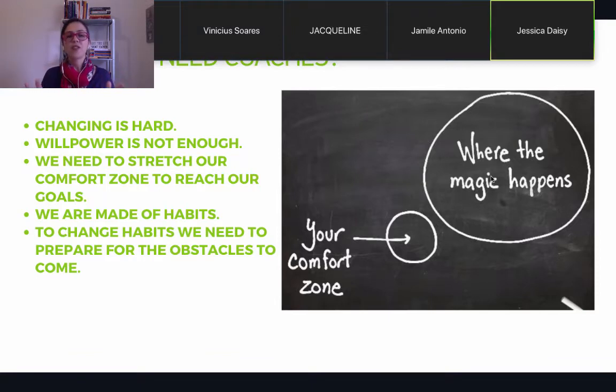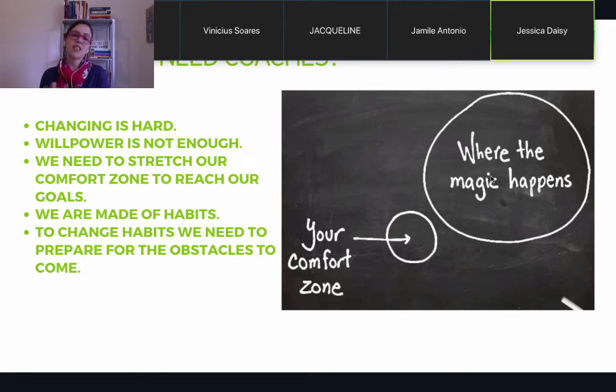So this process of keeping the behavior that they need to change in this rhythm of changing, in fact, this process needs to be supported by a coach.